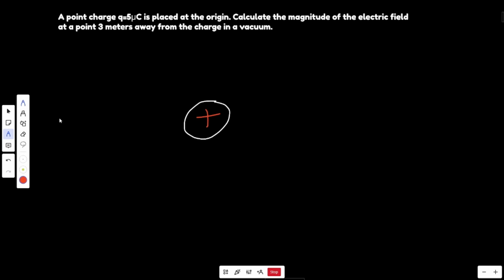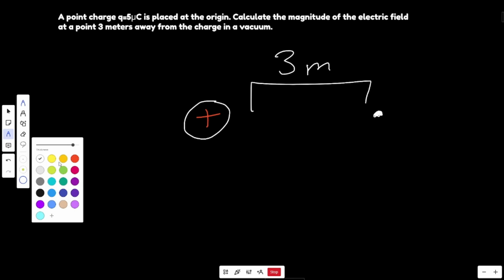This is positive, and we want to get the magnitude of the field here, just at a point. And this is going to be 3 meters.